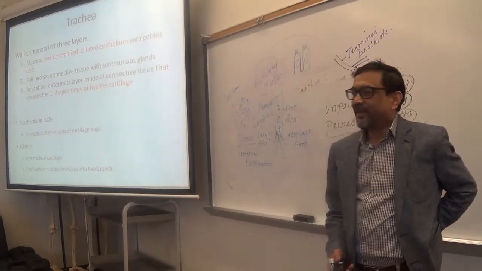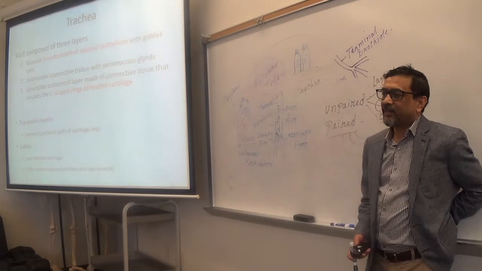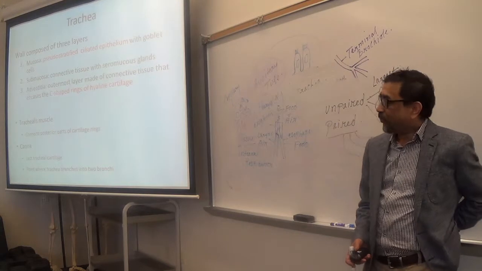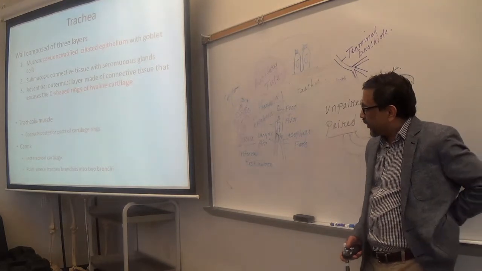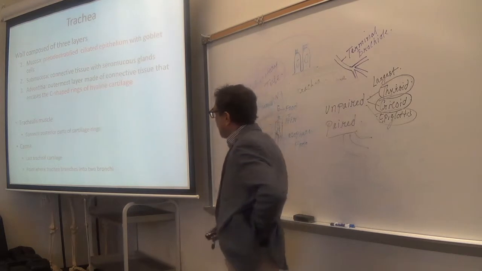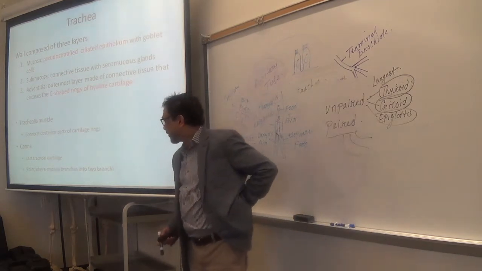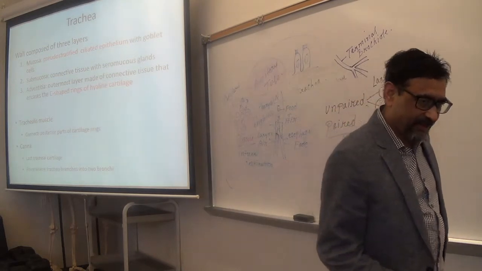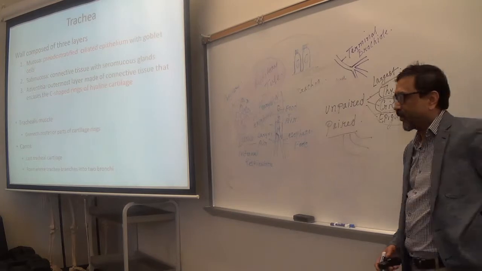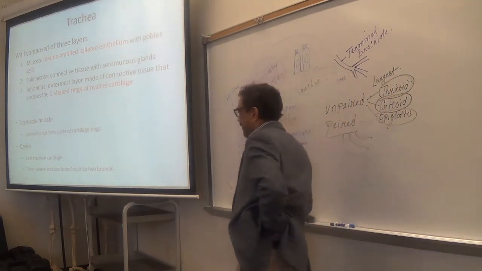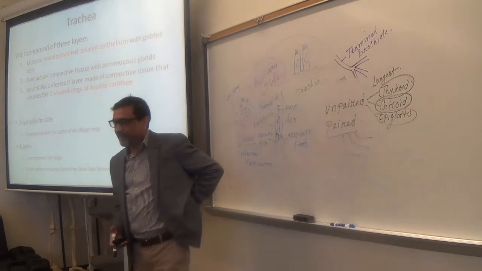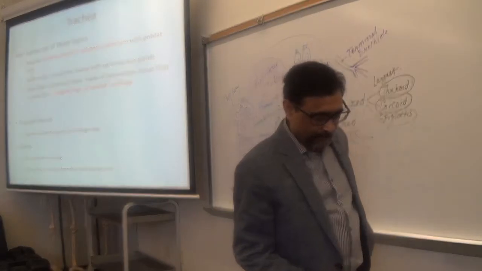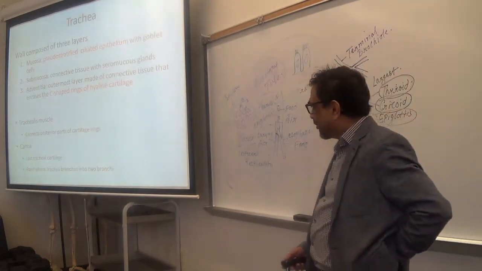So it is cartilaginous as well as muscular. Pharynx is only muscular, right? So three layers from inside to outside: mucosa, submucosa, and adventitia. And the muscle of the trachea is simple. It is called trachealis muscle, which is a smooth muscle. The muscle of the trachea is trachealis muscle, which is in the back of the trachea, not in the front, in the back of the trachea.